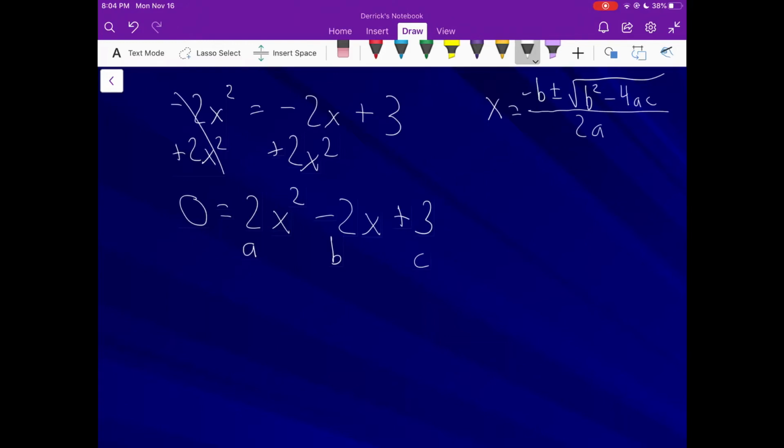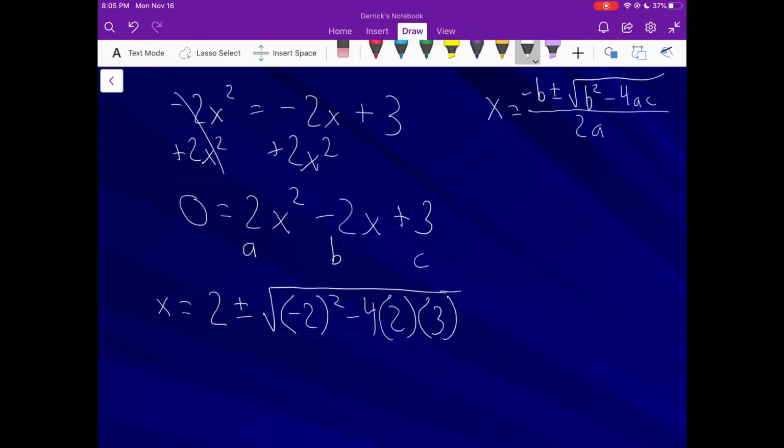So when I go to plug this into the quadratic formula, I'd have x equals the negative b value, well, the negative of -2 would be +2, plus or minus the square root of my b value of -2 squared, minus 4 times our a value of 2 times the c value of 3. And all of that, again, remember, all of this is being divided by 2 times our a value of 2 as well.